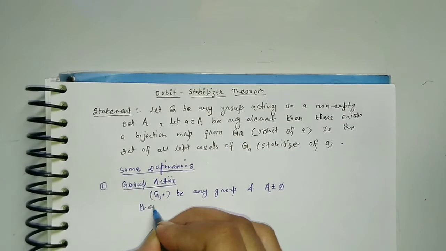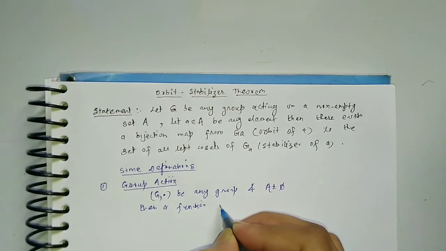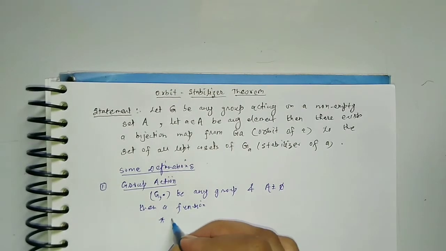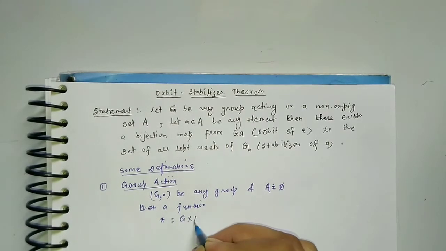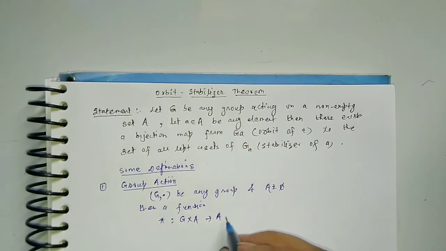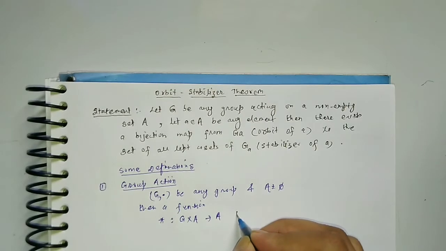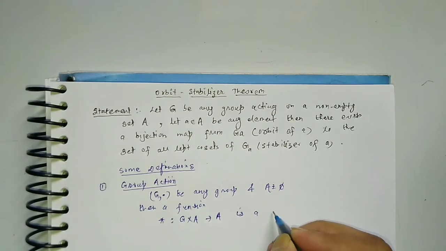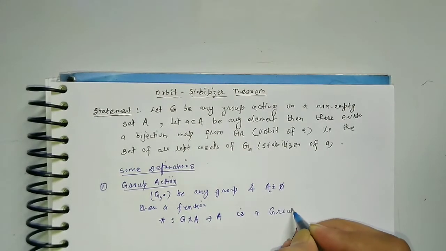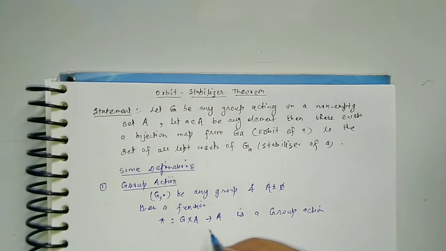Then a function star from G cross A to A is called a group action, or we call group G acts on A.